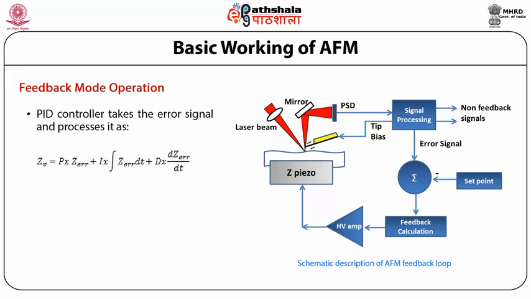Feedback control is used in AFM for maintaining a consistent interaction or force between the probe and surface. The schematic of a typical feedback system for AFM is given in figure 3.